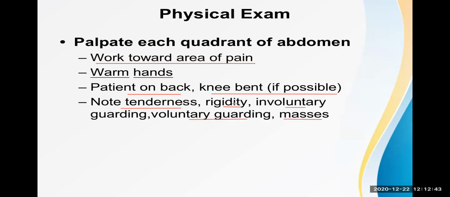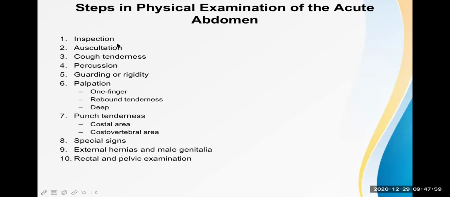Now, rigidity is similar to voluntary guarding. Then involuntary guarding occurs because of inflammation of the parietal peritoneum. The overlying muscle will develop spasm on its own, but I already told you it doesn't make much difference. Different textbooks mention it differently, so you don't need to follow this. It's up to you. If you find something easier than this, you can always follow that.